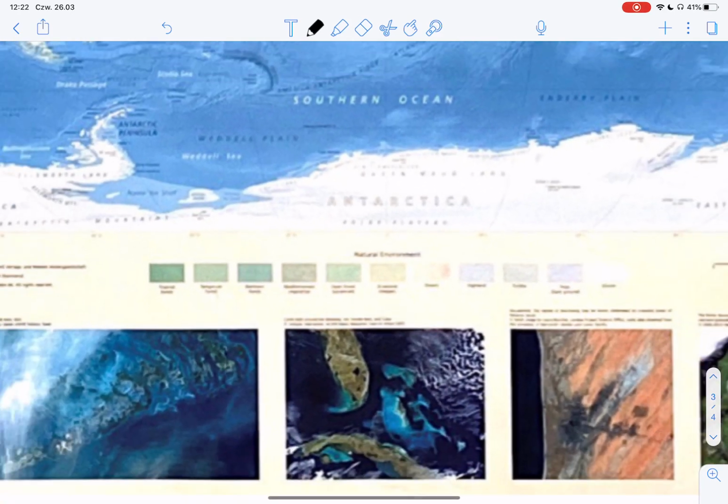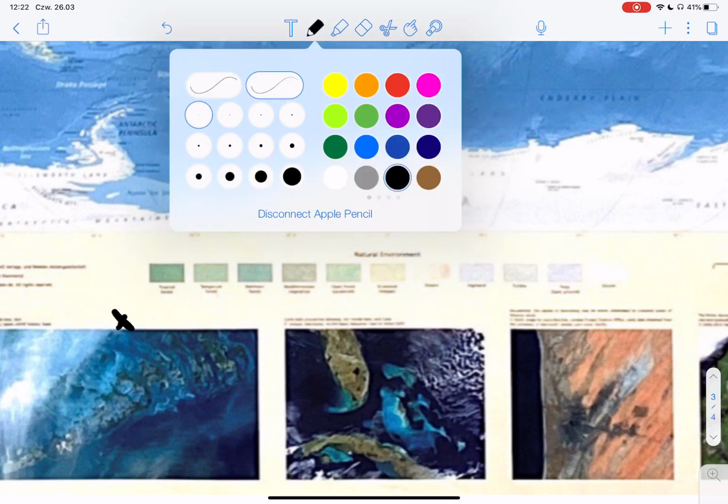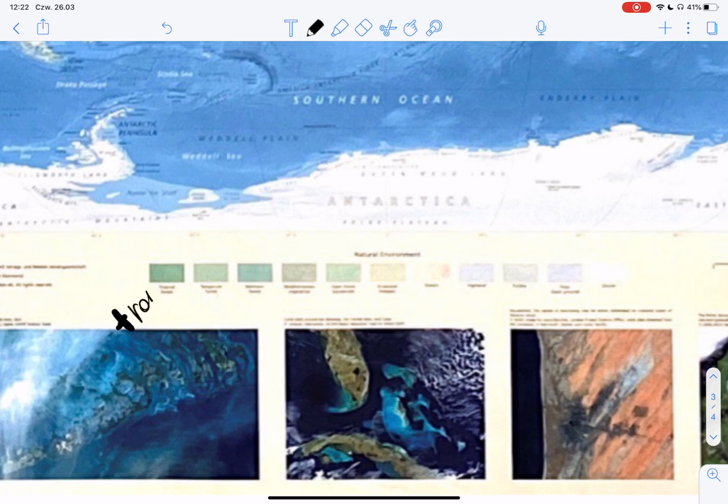And guys, tropical. The next one is temperate forest. The next one is another forest, maybe some mixed one.